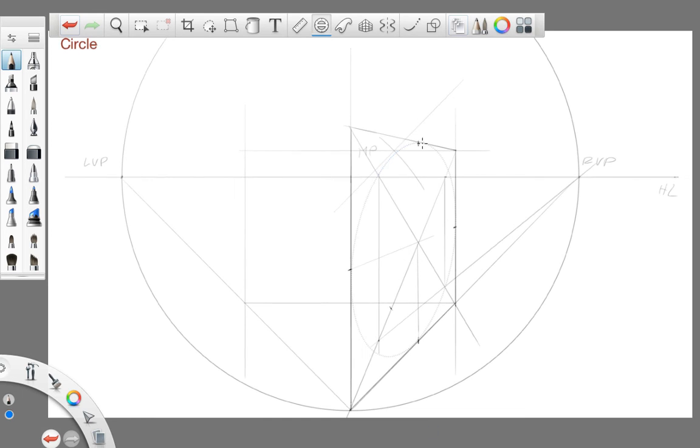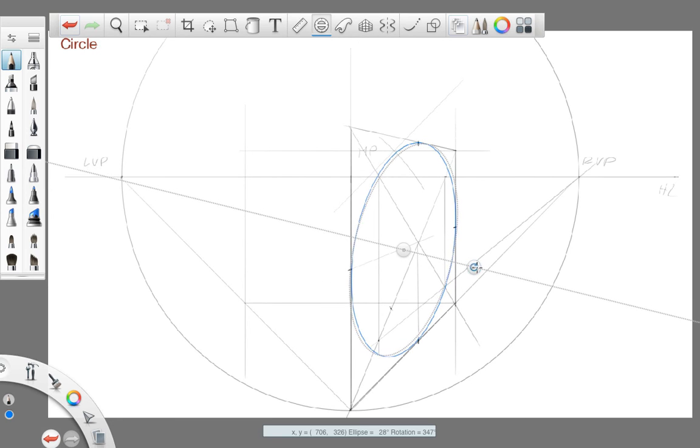There. Okay, so that worked out good. And let's click on the rotate. Yeah, not 100%. Well, it's a little bit inaccurate. But there's now that ellipse.